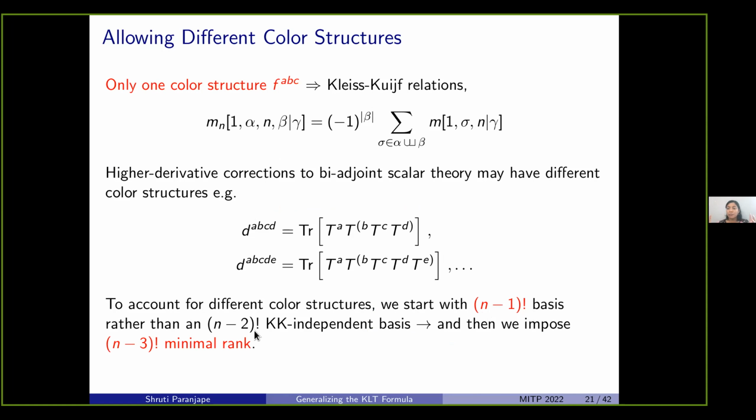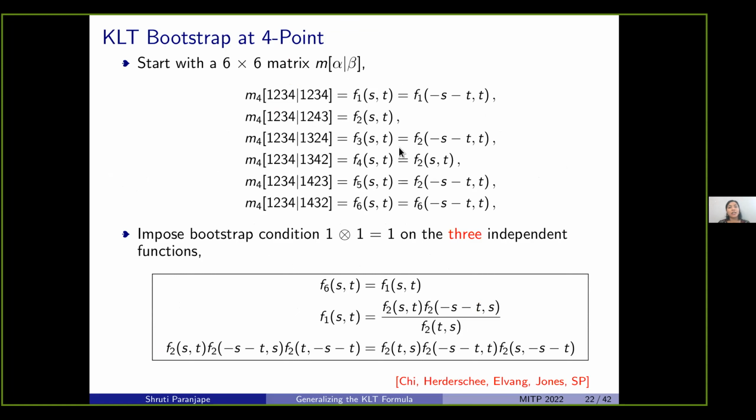So we start with a bigger basis so that we allow these different color structures. Good. So what does this bigger basis look like? At 4 point, it means that you have a 6 cross 6 matrix, which once you take into account cyclicity and momentum relabeling, reduces to these three functions.